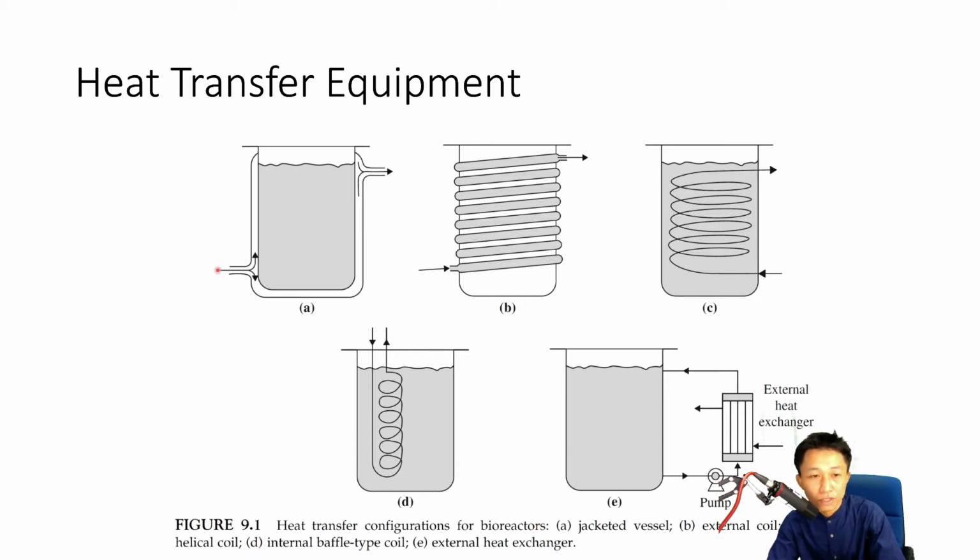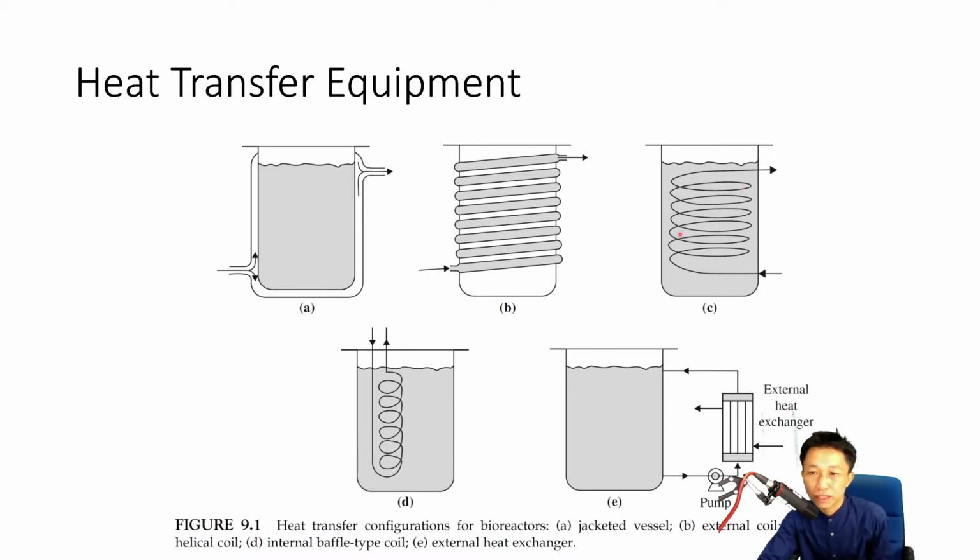So first one, A is the jacket vessel. You put on the jacket and then you have your working fluid inside like this. External coil is like this. You pass your products to here, and then this one is internal coil. This one is external.